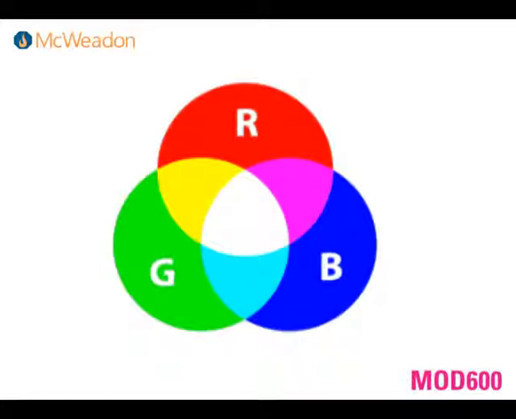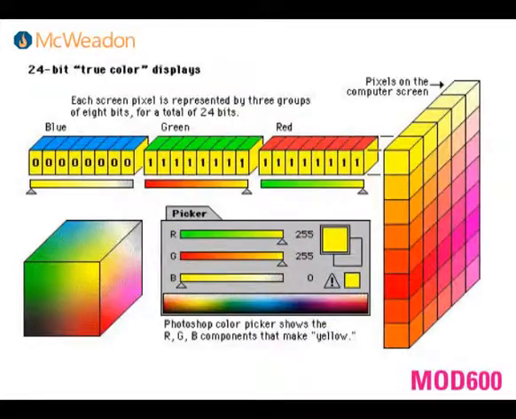This is called additive color mixing. And it is the way that your television works, it's the way your computer monitor works, by taking these different colors of light and mixing them together as pixels to form millions of colors that your eye can interpret.